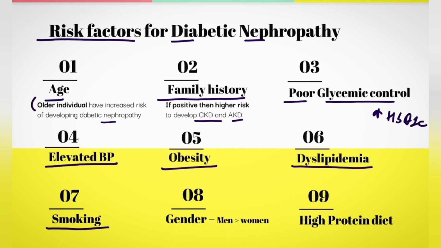It is also found that men have higher chances of developing nephropathy as compared to women. And if any person consumes a high protein diet, then such a person also has higher chances of developing diabetic nephropathy.